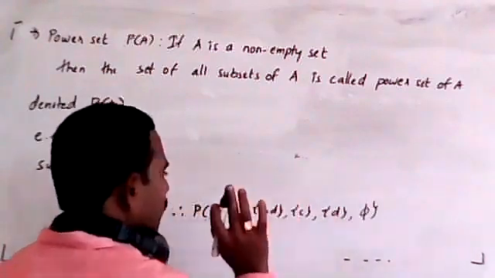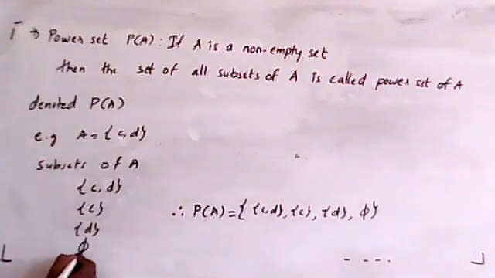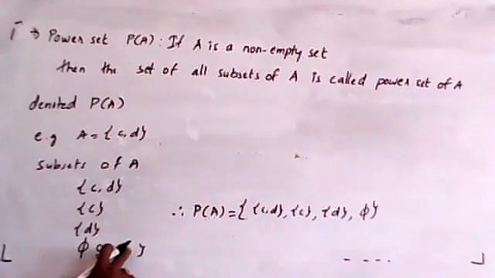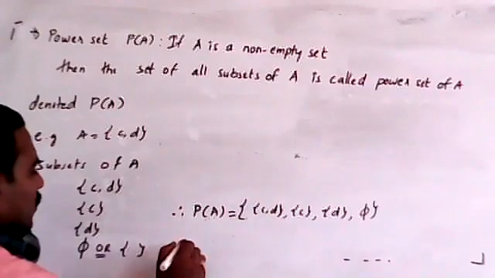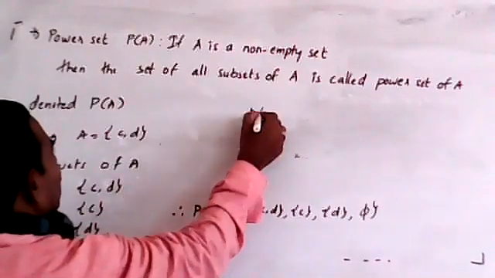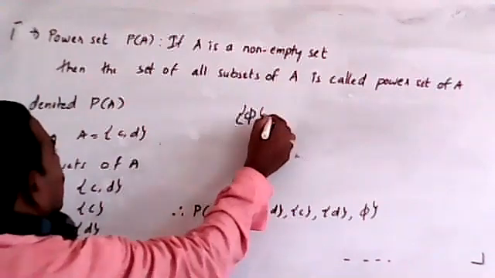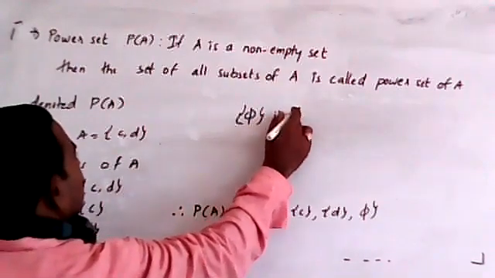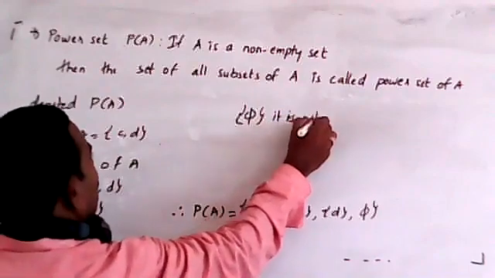For the null set, I am not using a bracket. Why? Because the null set we can write like this or like this. We never write both together. Writing the null set with both is wrong.